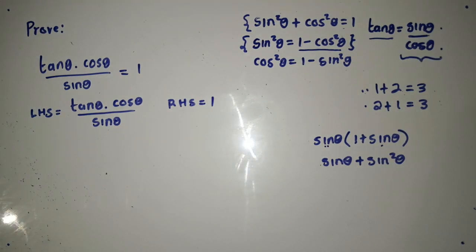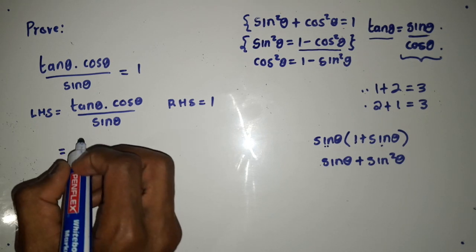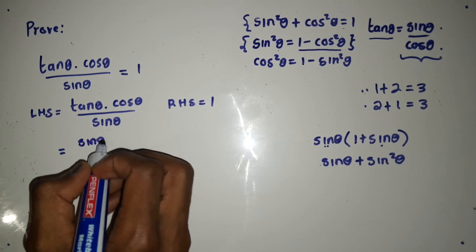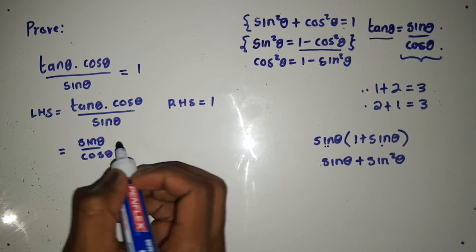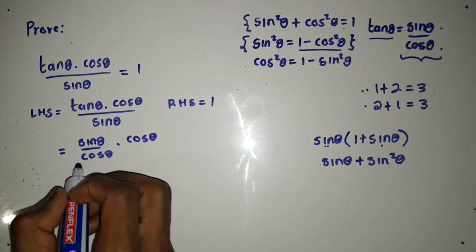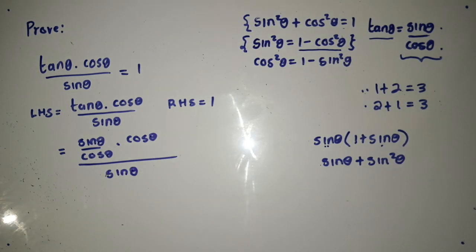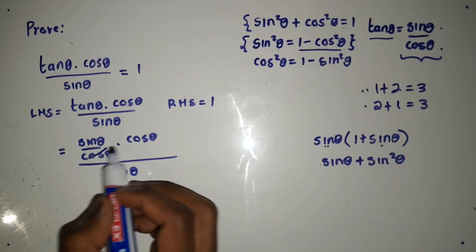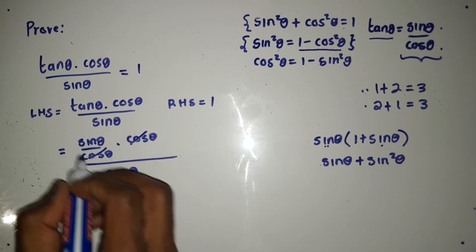You see, we know that tan is equal to sine divided by cos, multiplied by cos. Then we divide everything by sine. This one is much simpler. Cos cancels cos. Then we remain with what?